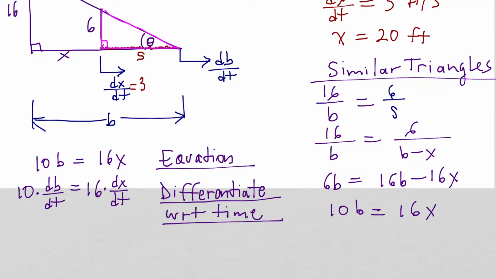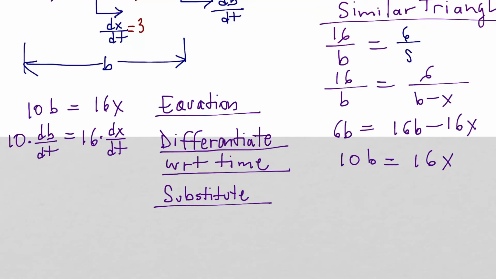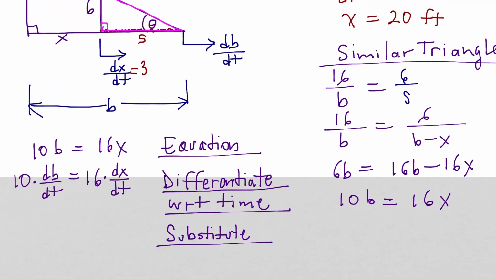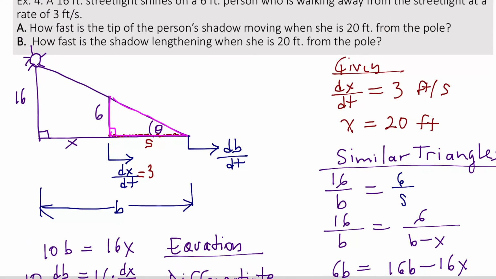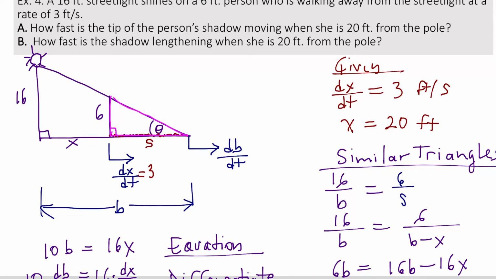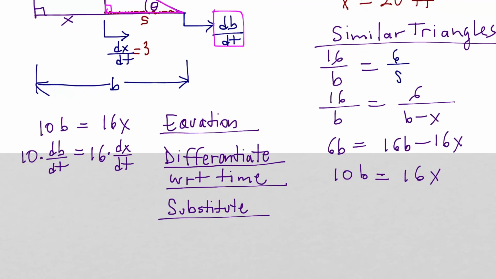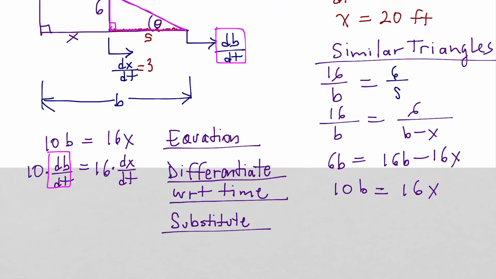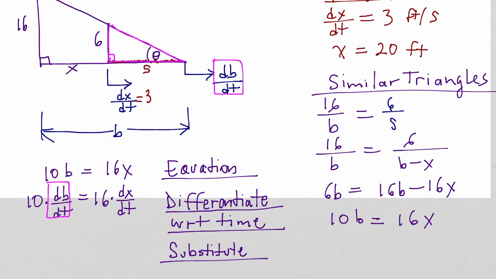Right, so now we're going to substitute. What we're trying to solve for, according to part A, is how fast the tip of the person's shadow is moving. That's going to be this here. How fast, db/dt. So we're looking for db/dt. This is our unknown. We need dx/dt in order to be able to solve for db/dt. We know dx/dt up here is 3 feet per second.